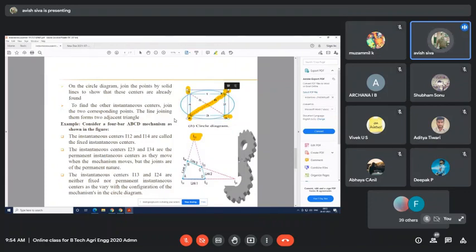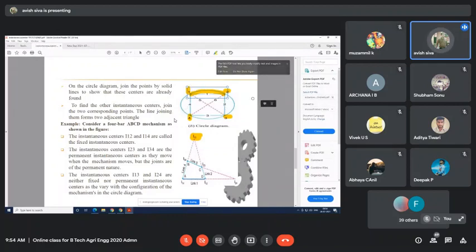That means you have to extend, and what you have to extend here is your I12. I12 means the line on this side, I12, and then this one which is your I14.